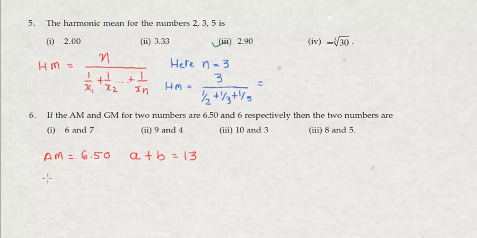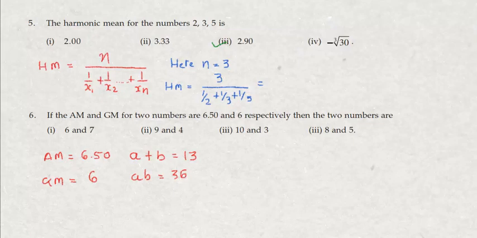And if the geometric mean of the observations is 6, then the multiplication of the two observations will be 36. So we can just check our answer here, because this is a 1 mark question, so we cannot do much hard work for this.